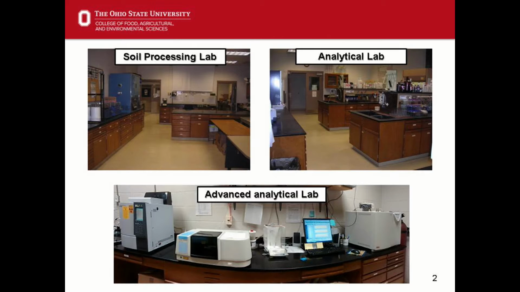And then we have analytical labs and one advanced analytical lab, where we do most of the analysis, mainly looking at the soil nutrients in the soil, water, as well as plants, sometimes greenhouse gases. We have state-of-the-art equipment in our lab that can do greenhouse gases, some of the micronutrients, heavy metals in soil, water, and plants.